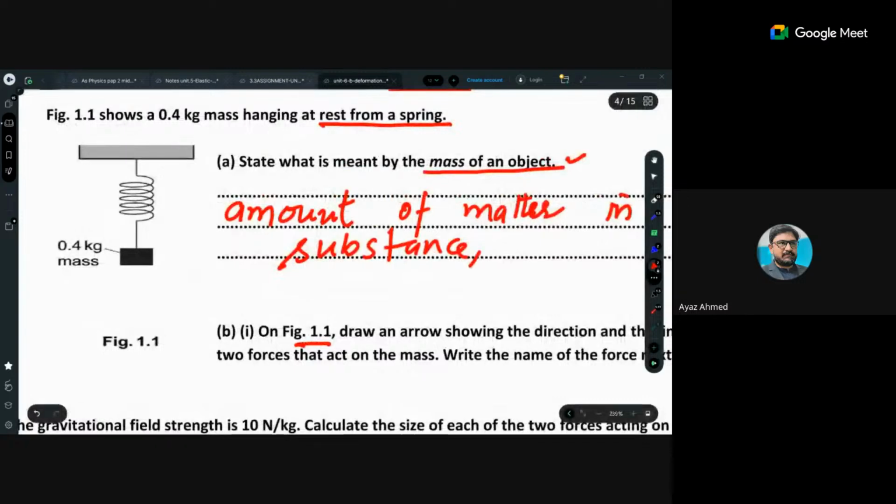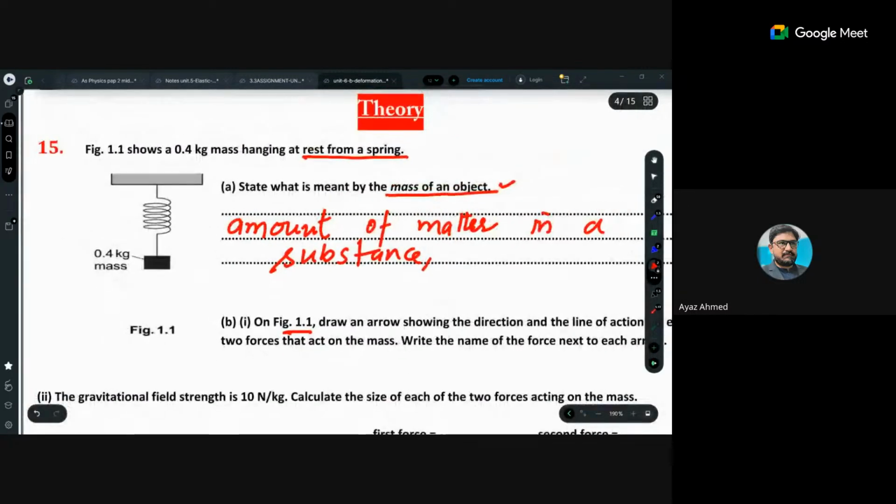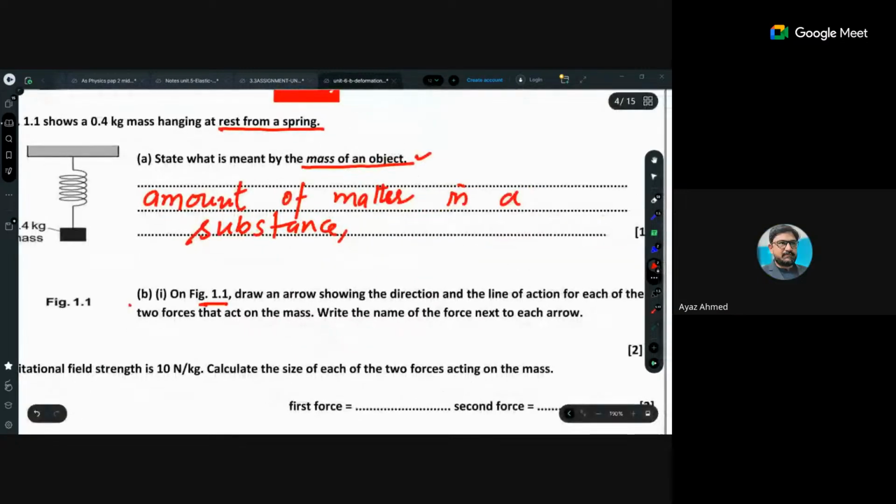Mirab, it's your turn now. Repeat your question. Here, this is part B. It is said that there are some forces acting on this mass, and it is asked to draw two arrows to indicate the direction of those forces, as well as write the name of those forces.